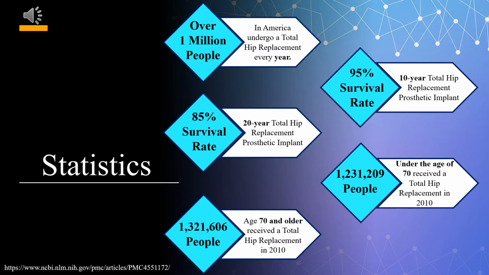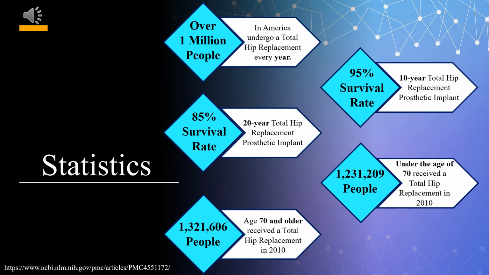So we have definitely gone up in survival rate. We are very, very close to 100%, but we are in the medical field and nothing is ever perfect and it is always working to get better. But I think a 95% survival rate and an 85% survival rate are just astonishing for 10 and 20-year prosthetic implants.